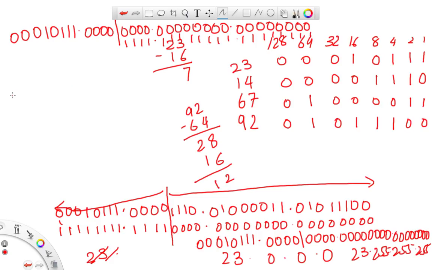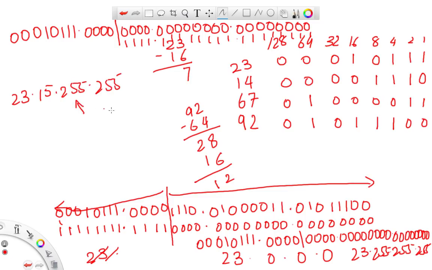Okay, so it's going to be 23 dot, how much is this? It's the first 4 bits, that is 8, 9, 10, 11, 12, 13, 14, 15, because all these bits are ones in here. So it's 23.15.255.255.